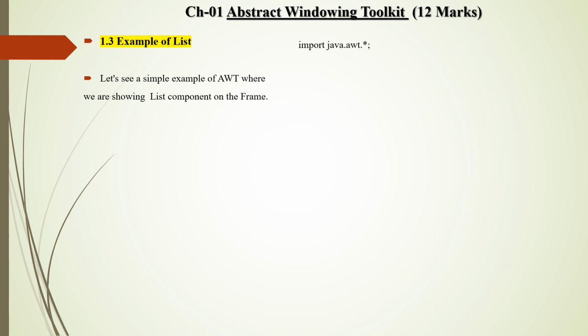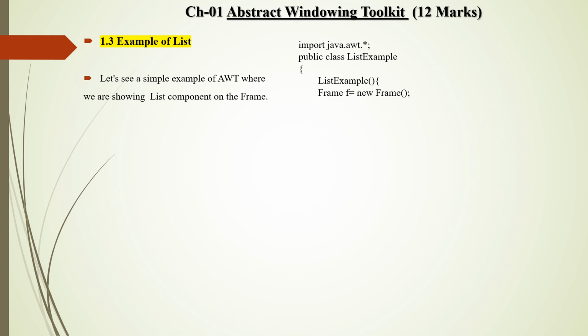Next we see an example of List. Let us see a simple AWT example where we show a list component on the frame. So simply, we create one frame and inside the frame we display the list component. For the code, first we import the java.awt package. Next we create one class, ListExample, and then we define the constructor of the ListExample class.